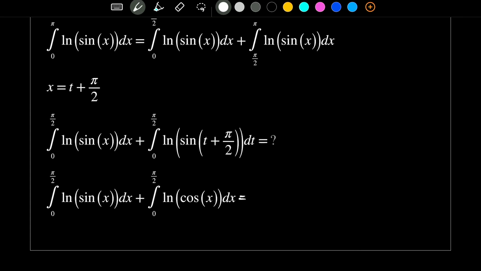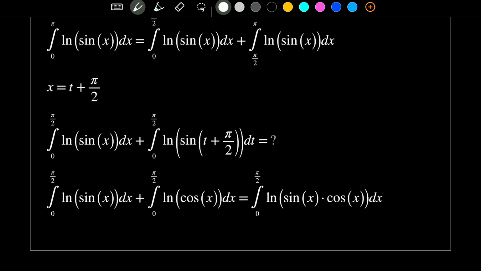Adding two logarithmic functions means we can multiply the content of the logarithms. So we're going to get the integral from 0 to pi over 2 of the natural log of sine of x times cosine of x dx.